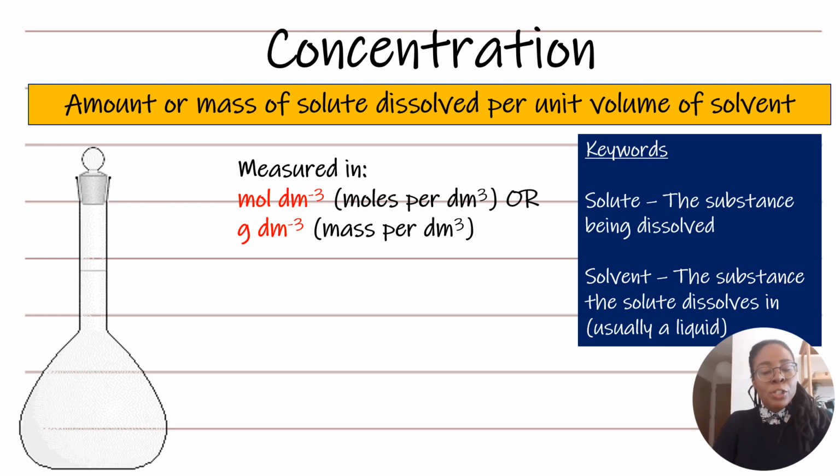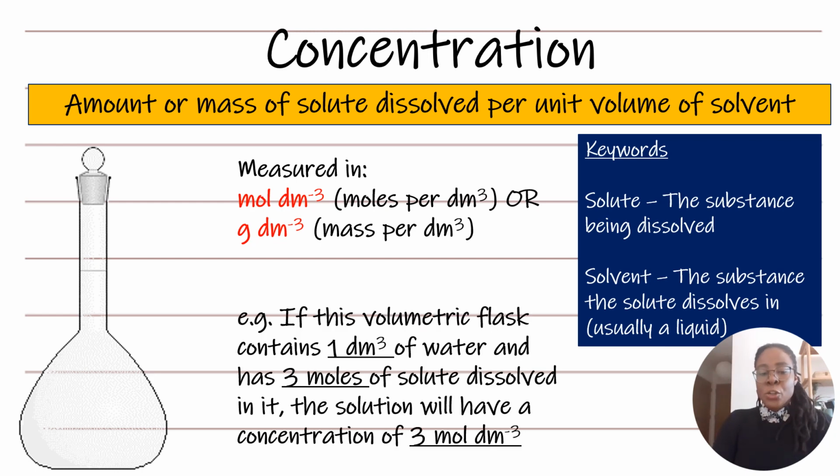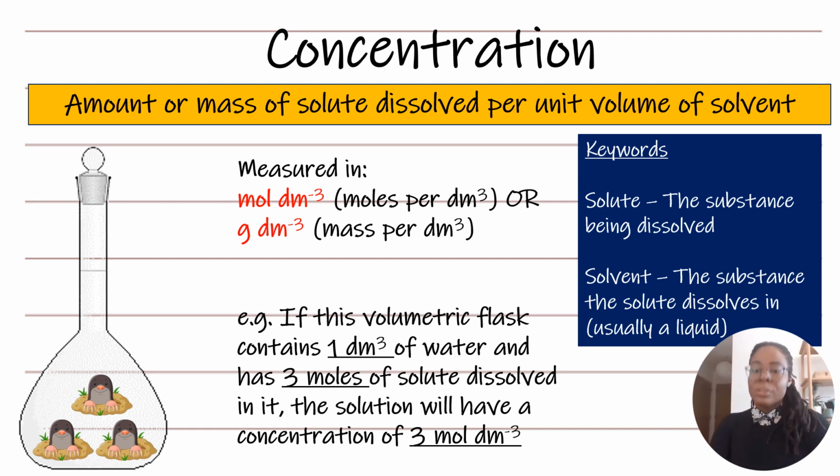We've got two possible units for concentration: moles per decimeter cubed if it's amount, or grams per decimeter cubed if we're dealing with mass of that solute. For example, if this volumetric flask contained 1 decimeter cubed of water and has 3 moles of solute dissolved in it, the solution will have a concentration of 3 moles per decimeter cubed.